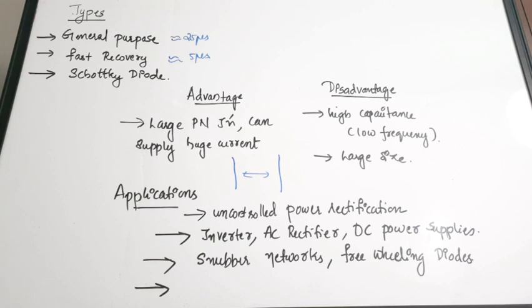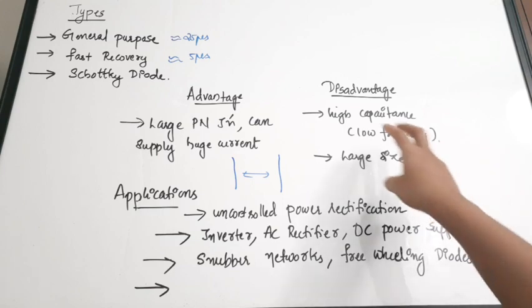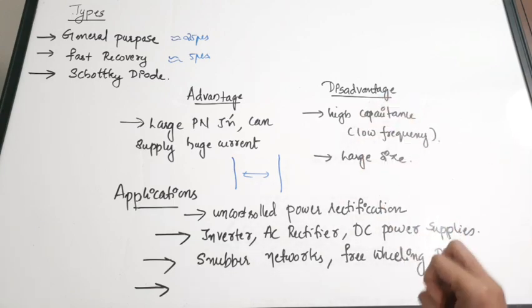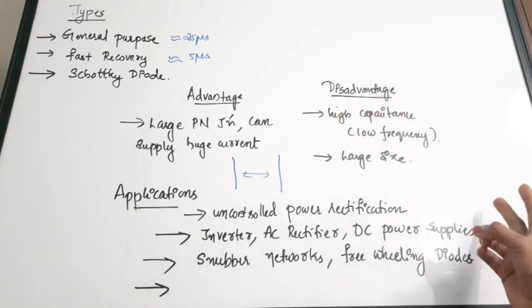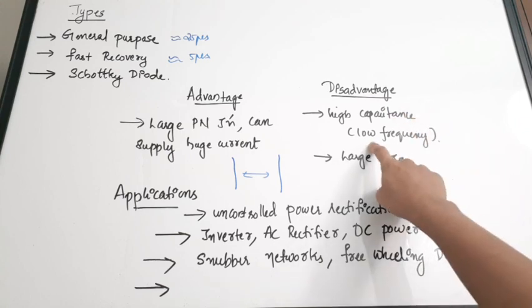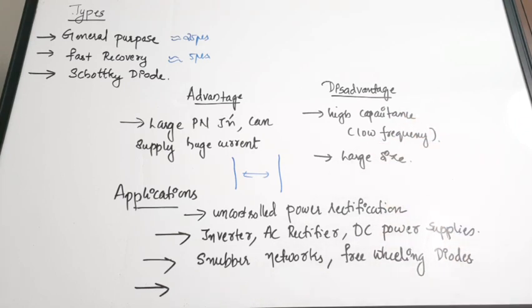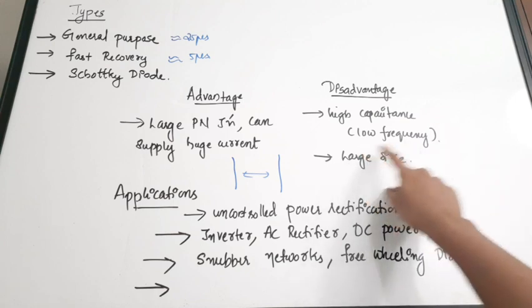Due to the large PN junction, the capacitance is also large. And capacitance and frequency don't really get along well. When the capacitance is high, we cannot use it for high frequency applications, so in general we only use it for low frequency applications.